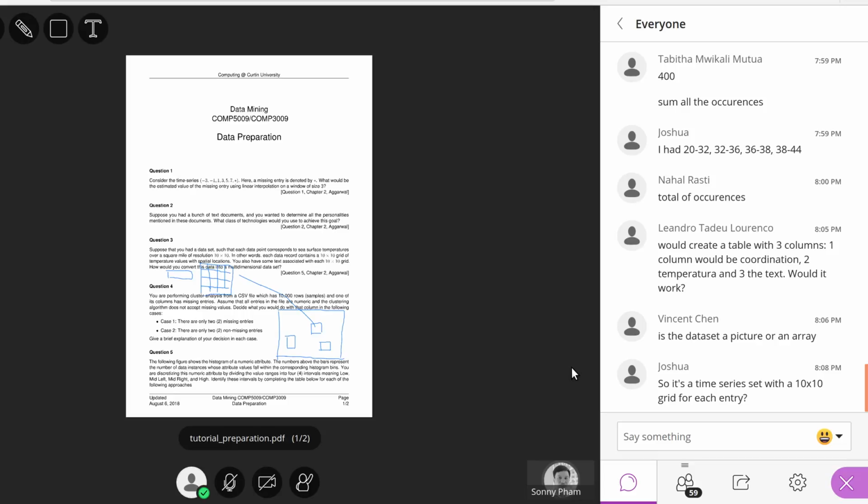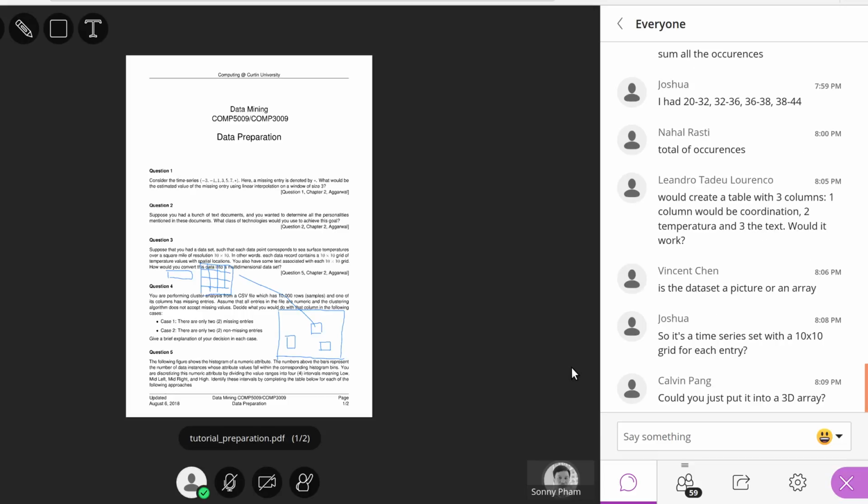Would it work? The question is how could you convert this data into a multi-dimensional data set, right? So your suggestion is 3 columns: coordinates, temperature and text. It would not work because you have lots of values in here, right? So 10 here, for example, remember when we collect temperature, right? We have 10 grids, and then these are basically values, right?